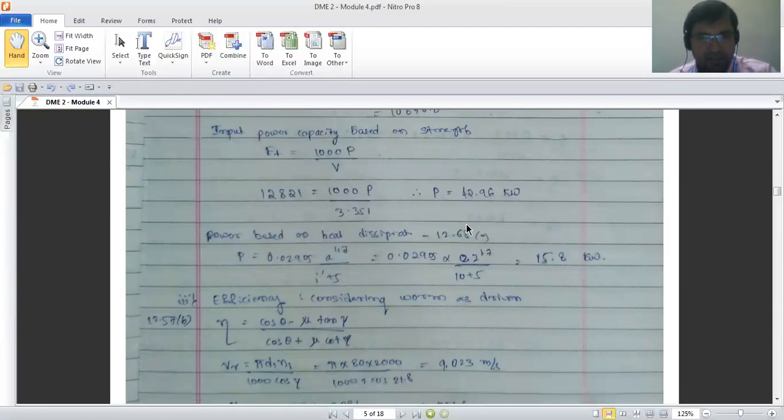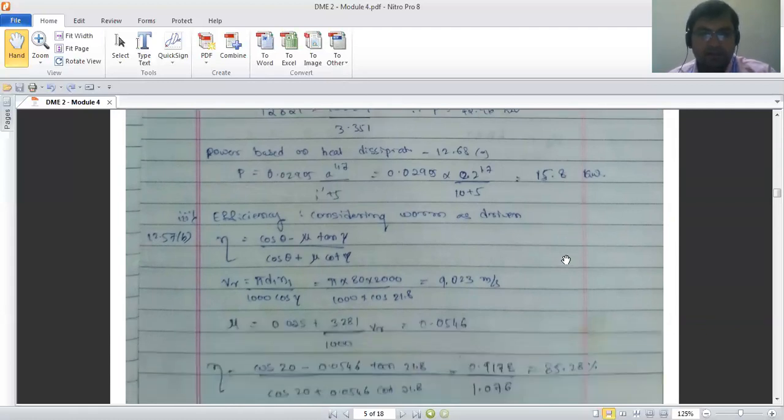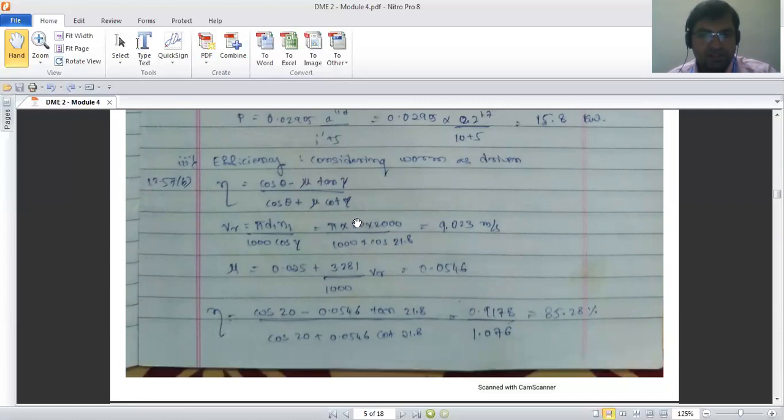And the power based on heat dissipation, you can refer to 12.68, substitute i, that is the transmission ratio, and the center distance. You will have the power based on heat dissipation as 15.8 kilowatt. Then the efficiency, considering the worm as the driver, you can refer to equation 12.57b, cos theta minus mu tan gamma. So you have all the values with you.